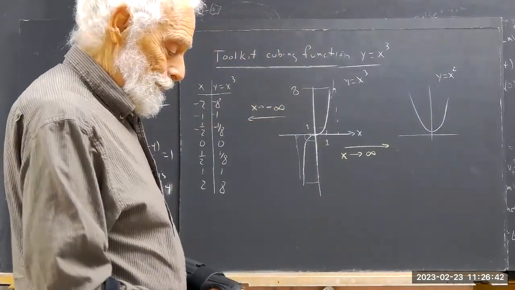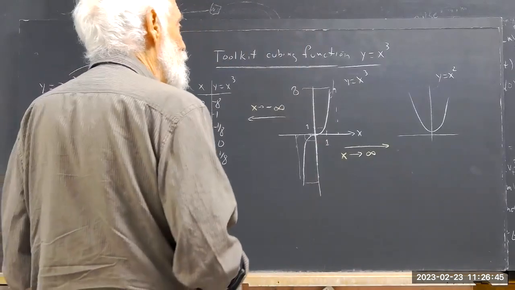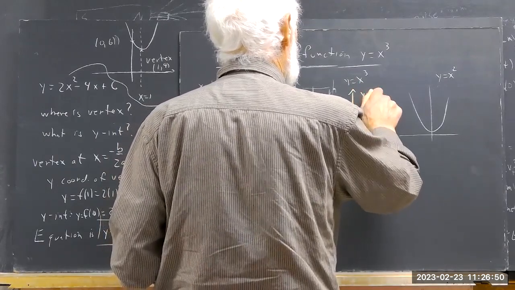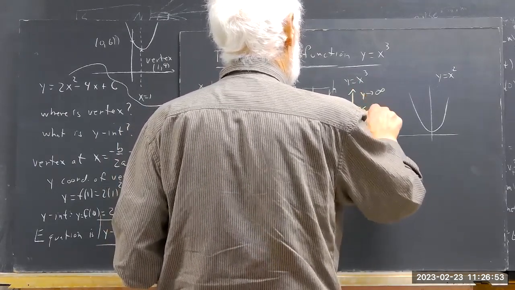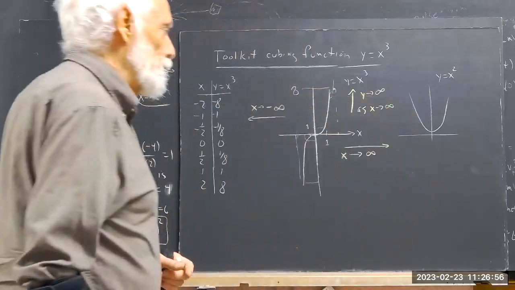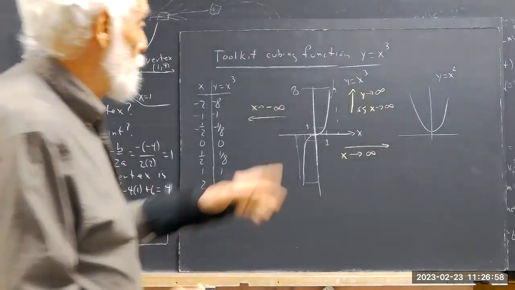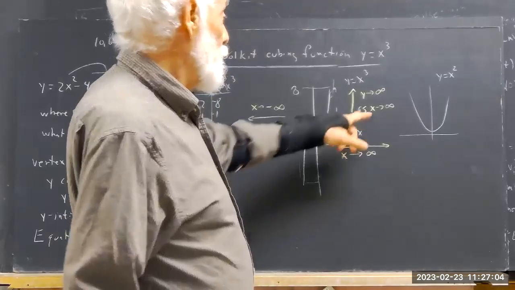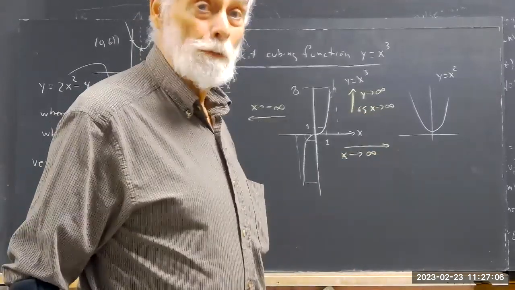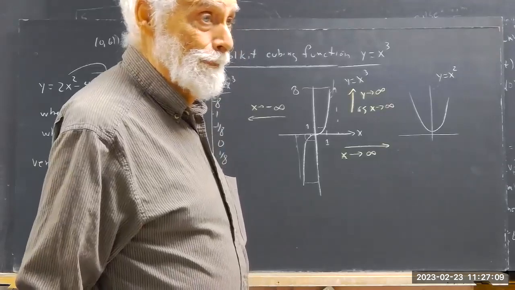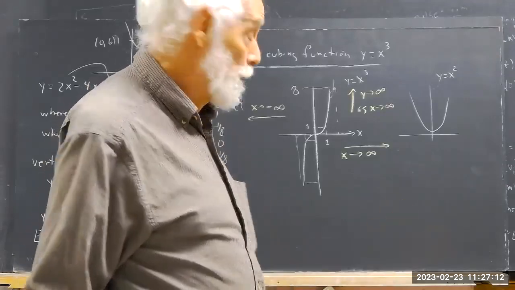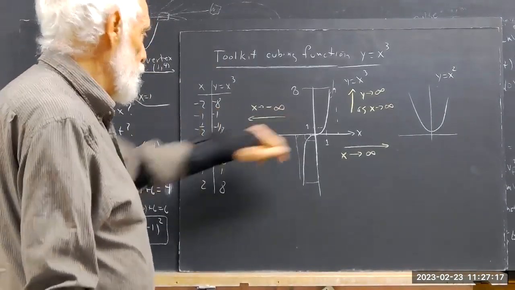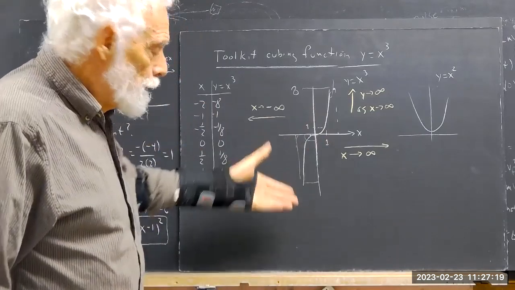So that should convince us that y goes to infinity as x goes to infinity. Not only that, it goes to infinity really pretty fast. Not nearly as fast as an exponential function, but it's large at the top. Now, as x goes to negative infinity, as we keep going along the x-axis, show me what happens to y.